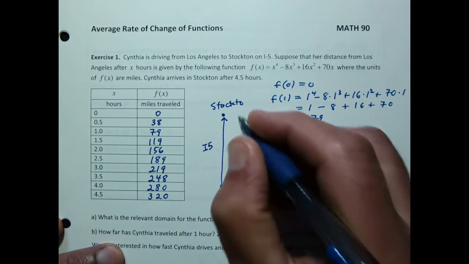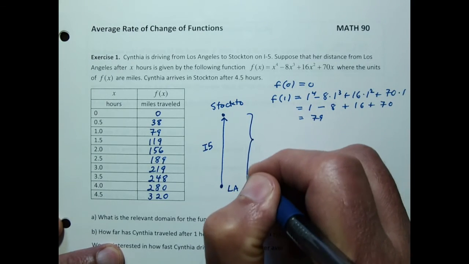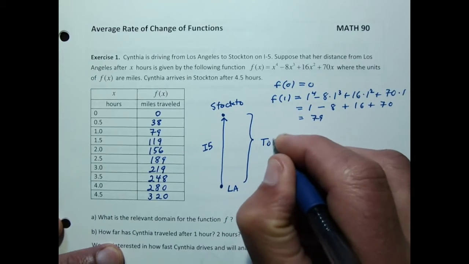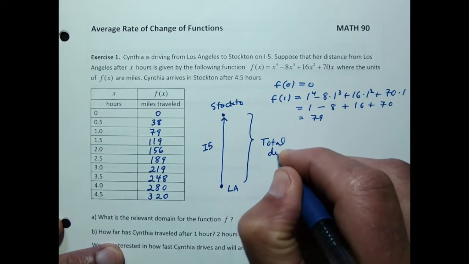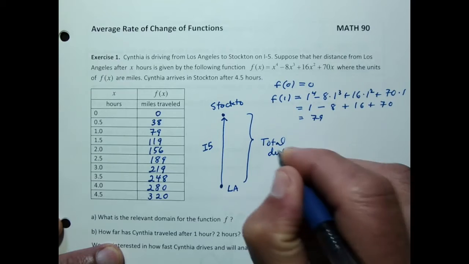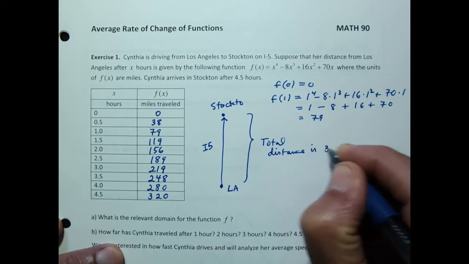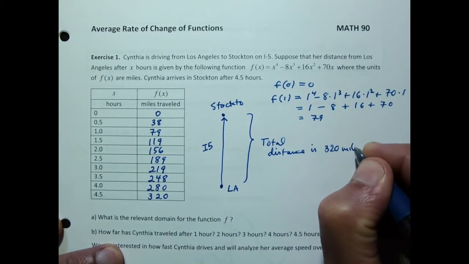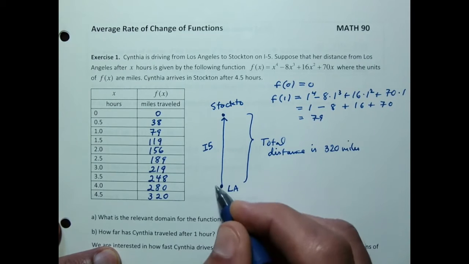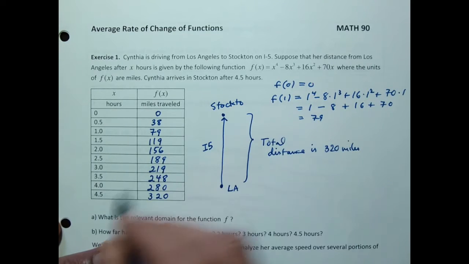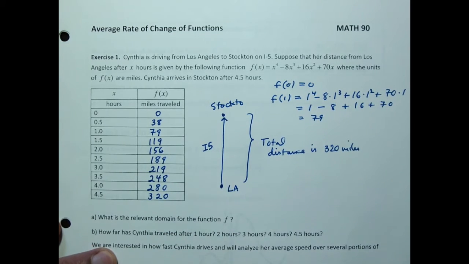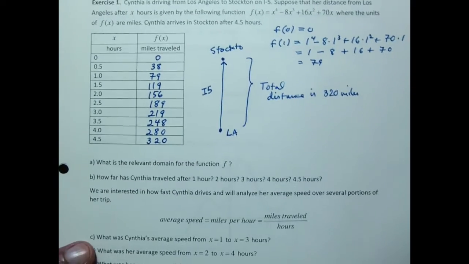And I think this total distance is 320 miles. And it takes Cynthia 4.5 hours to travel that distance. So now we're going to answer some questions about this data.